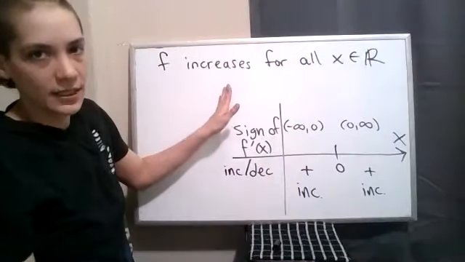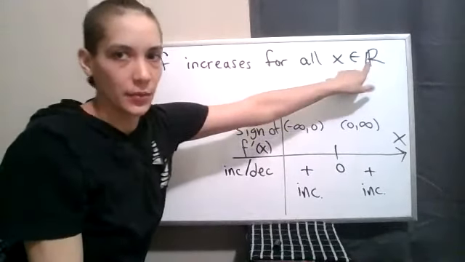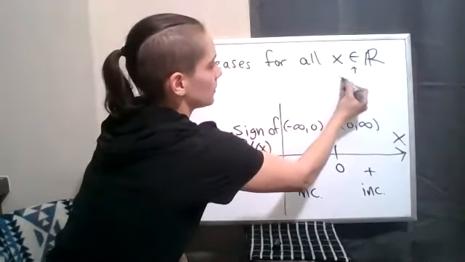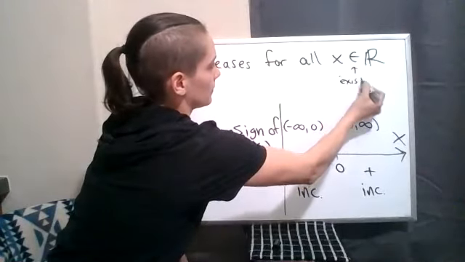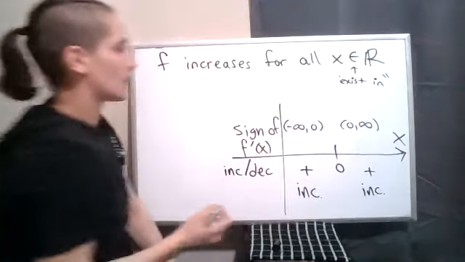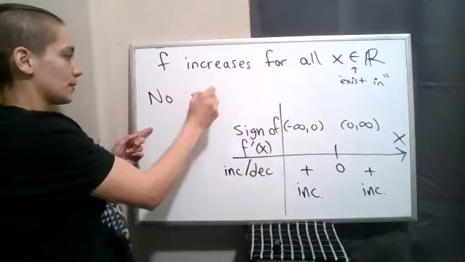Okay, so f is increasing for all x that exist in the real numbers. No max or min.